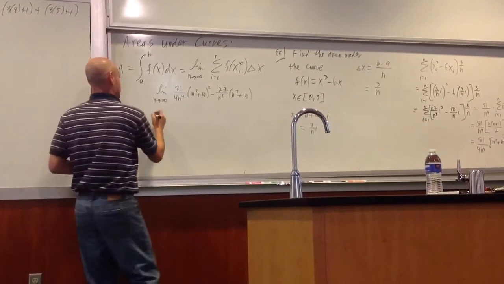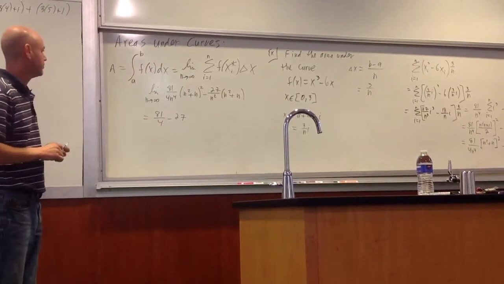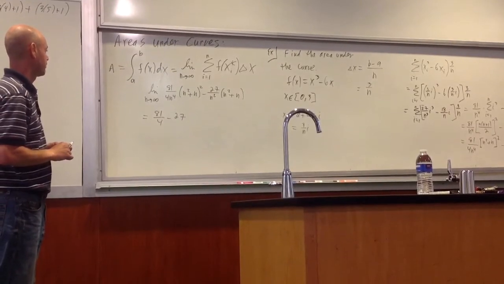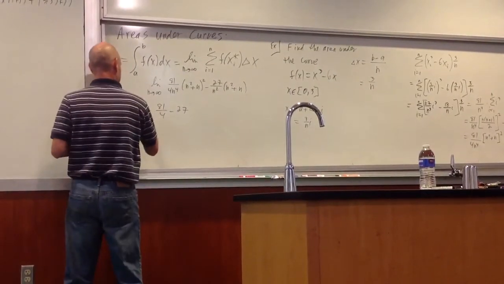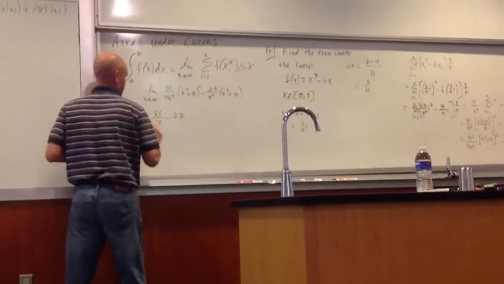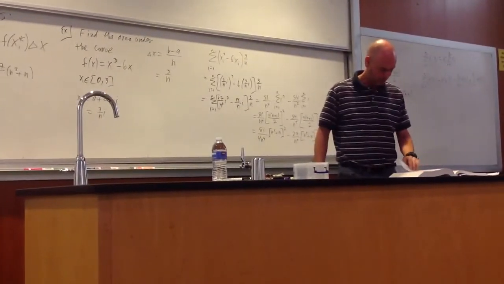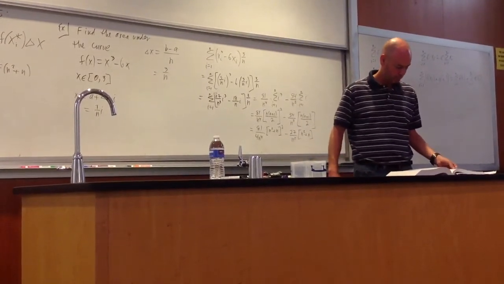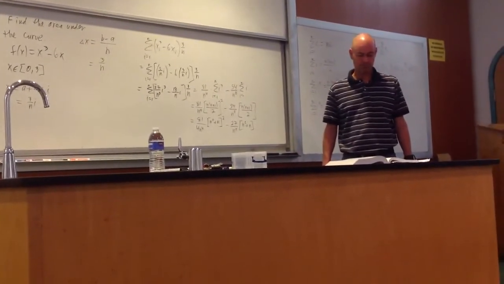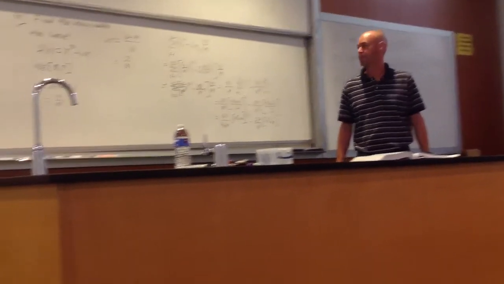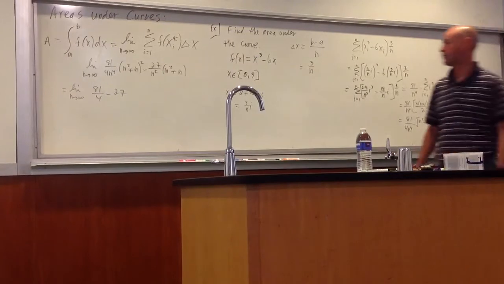The lead coefficients. What do we get? 27 over 4? Negative 27 over 4, right? Yeah.